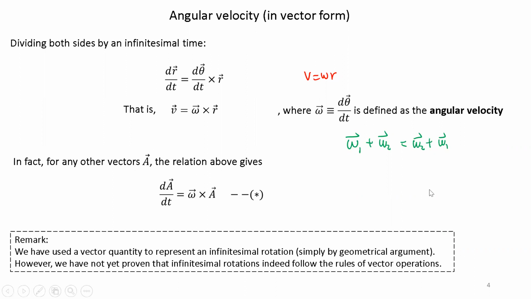Let's say you rotate something about the x-axis by some degree, and then rotate the same thing about the y-axis by another degree. Would it be the same as rotating the same object first about the y-axis, and then about the x-axis?